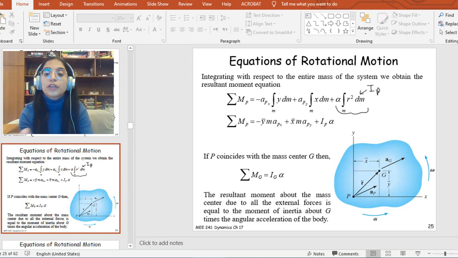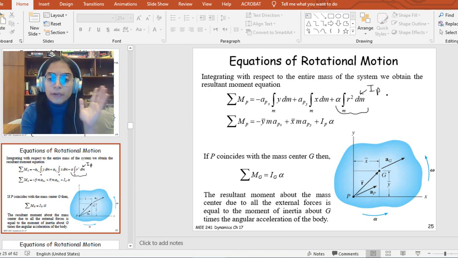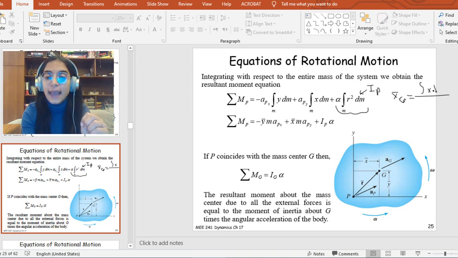It's the mass moment of inertia around P, because this r is the position of this dm with respect to P. Now, what is the integration of y dm and the integration of x dm? If you remember, guys, x bar G, which is the position of the center of mass, is always equal to the integration of x dm over the whole mass.